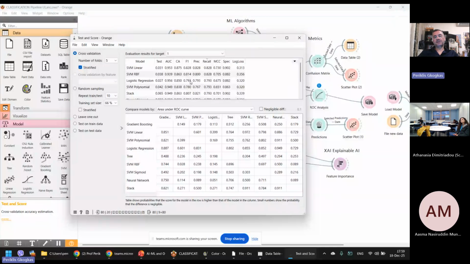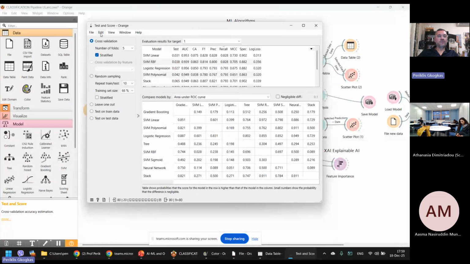Another important part of this node, the test and score node, is this one. Here we instruct Orange to perform cross-validation. And we instructed to separate our training sample, so the 80 observations that are left. Remember, we separated 80% and 20% as out of sample. So for the 80 observations that are in sample, I now instruct Orange to use cross-validation, creating 5 folds of that 80 observations.